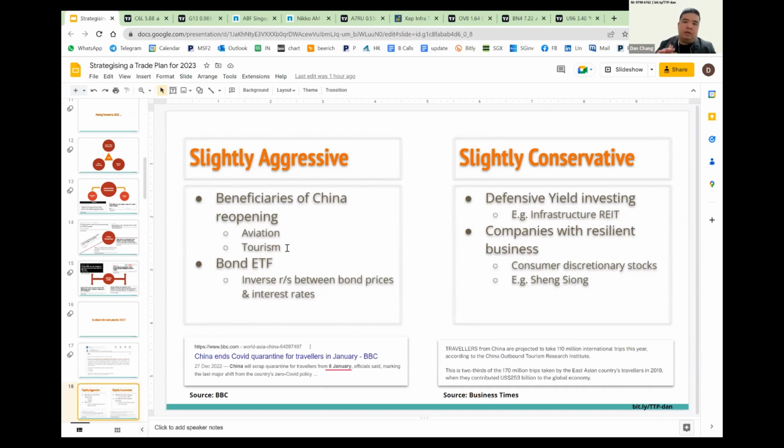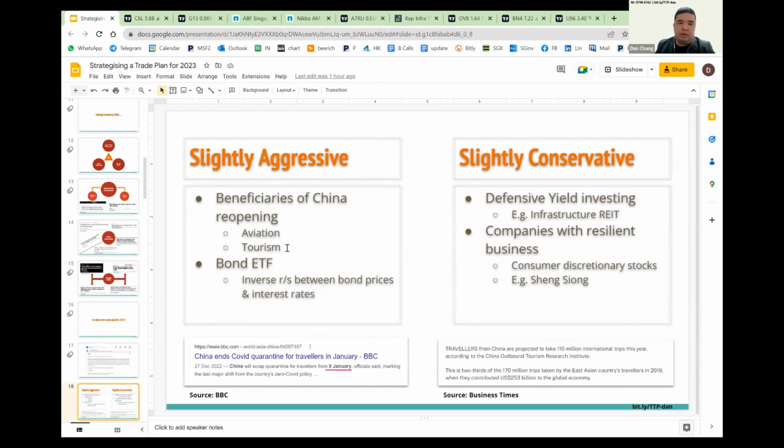First off, hospitality: hotels and service apartments. When Chinese tourists come in, they need a place to stay. We also have shopping malls and retail REITs. Obviously when they come, they want to shop, and when they shop, there is more footfall in the retail malls.